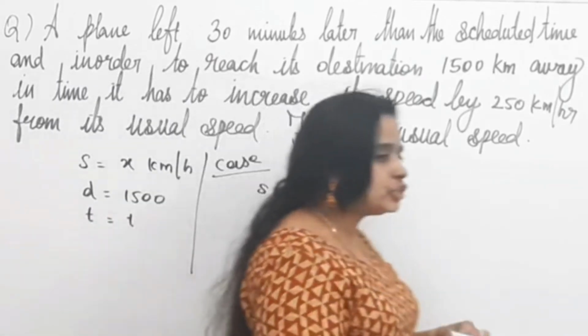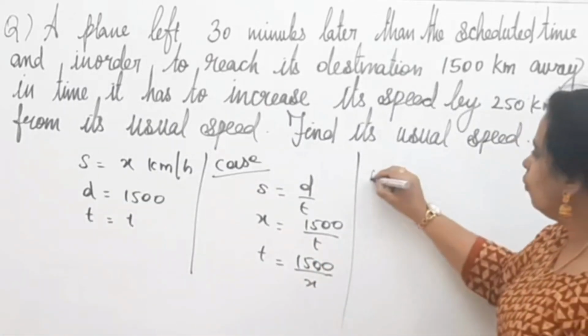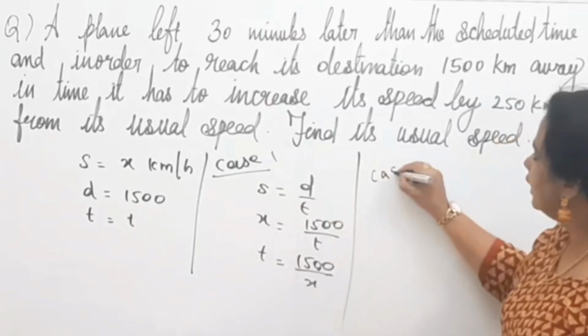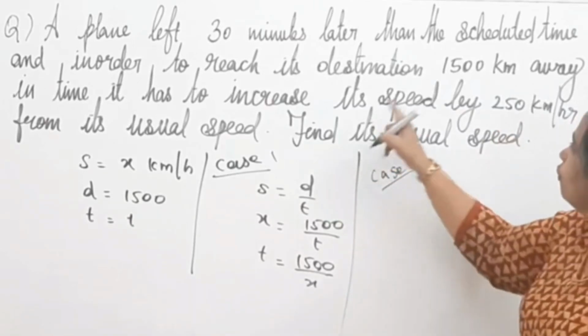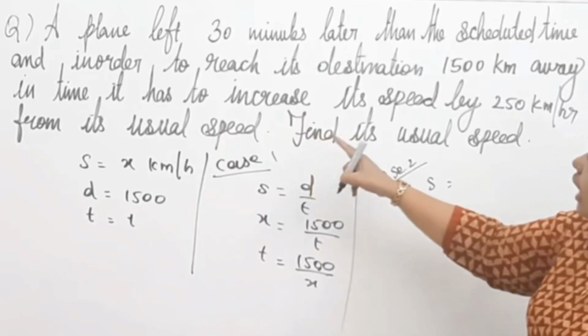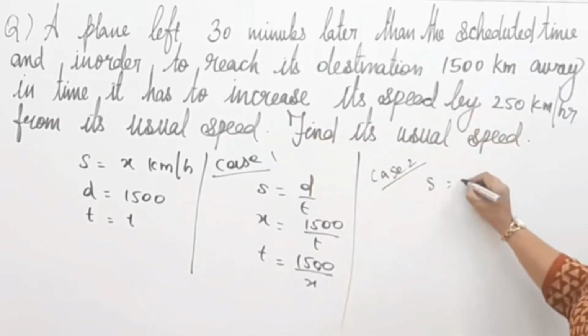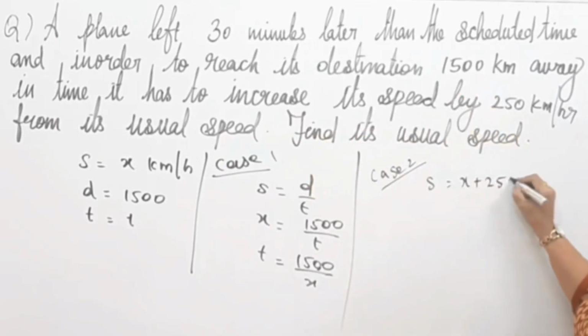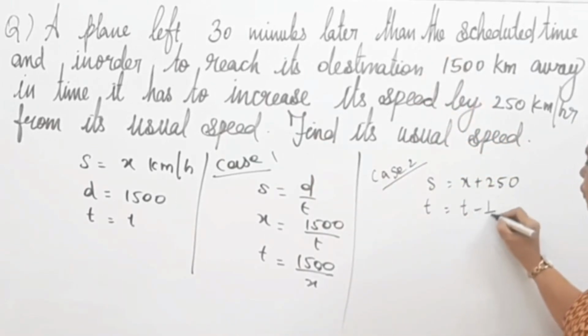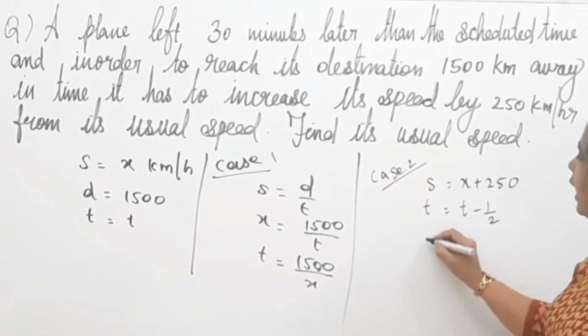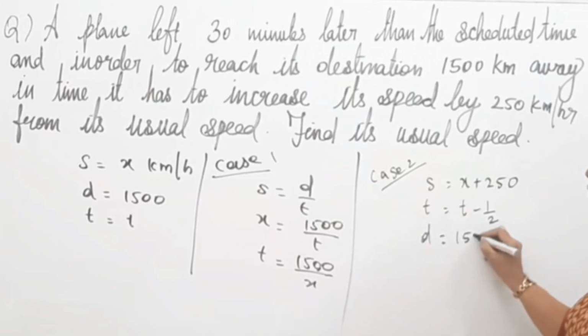Now in case 2, something is happening. In case 2, the speed is increased by 250 km per hour. So x plus 250, and the time, it is already half an hour late, so t minus half, and my distance is 1500.